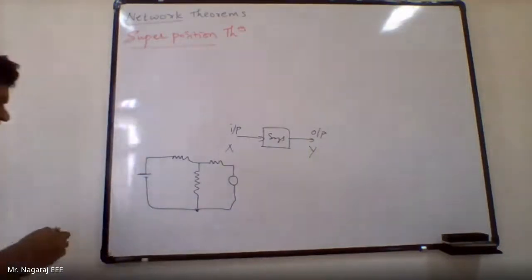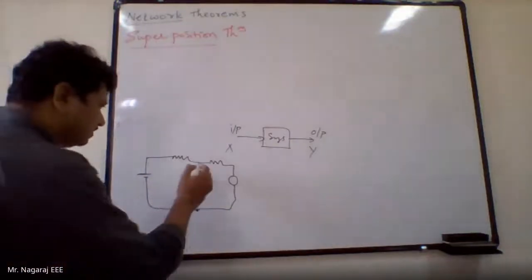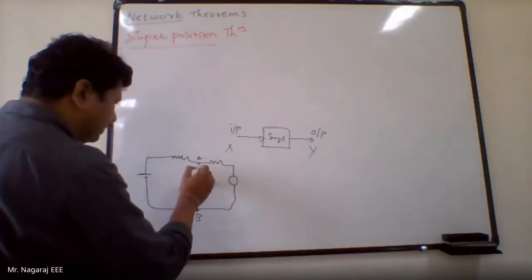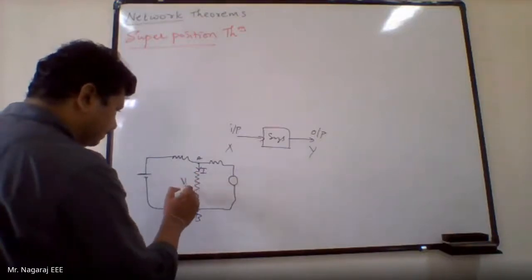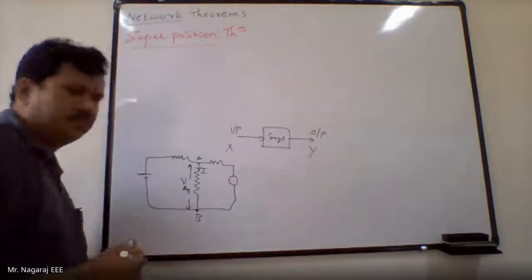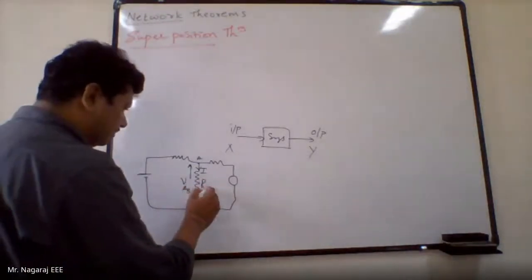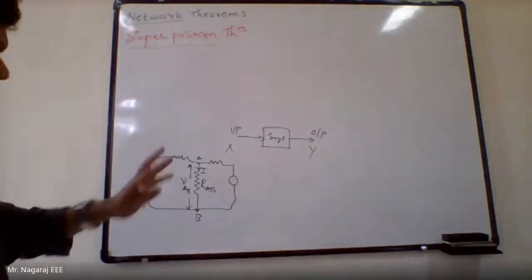What is the response across this AB? The response across this AB may be current and it may be voltage. It may be a current through resistance RAB, or it may be a voltage across resistance RAB.